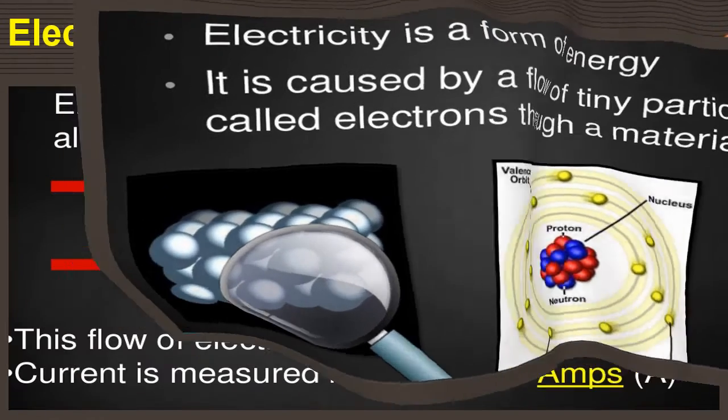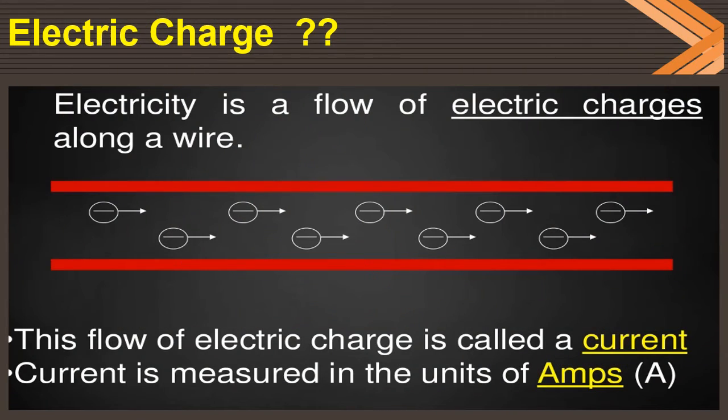The electric charge. The definition is electricity is a flow of electric charge along a wire. This flow of electric charge is called the current, and that is measured in amperes. So if you think about this, it is just like a pipe and how the water is flowing. In which direction is that water flowing?